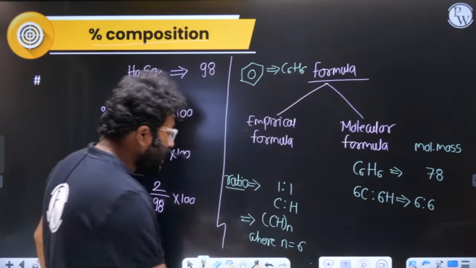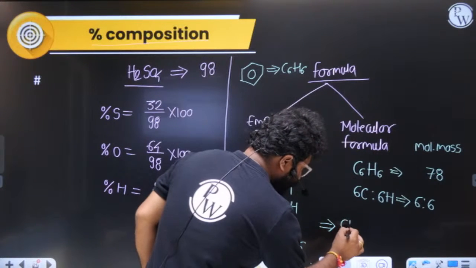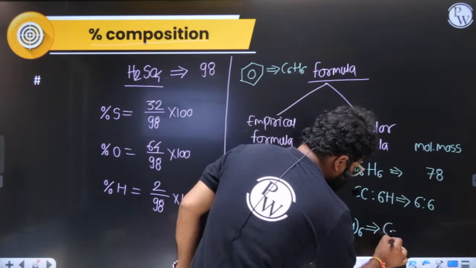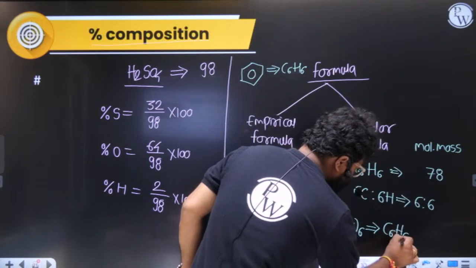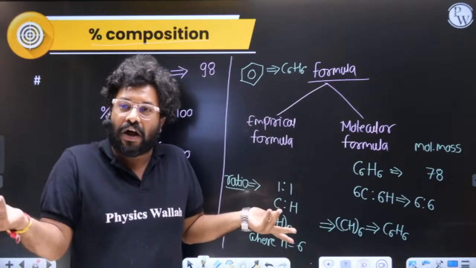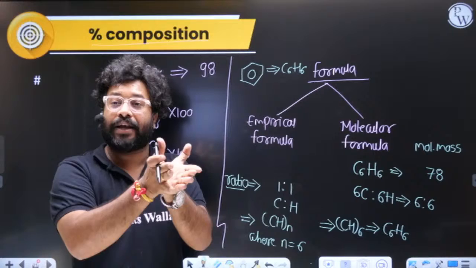Now if you put n equal to 6 here, you are going to get C6H6, and that is the molecular formula of benzene. So that's how molecular formula and empirical formula are exactly correlated.